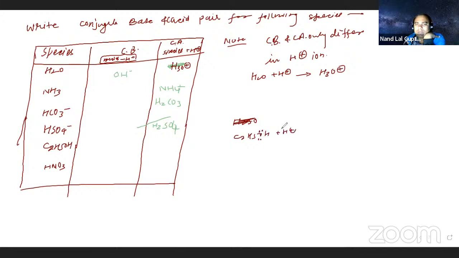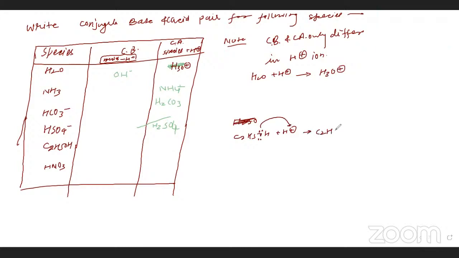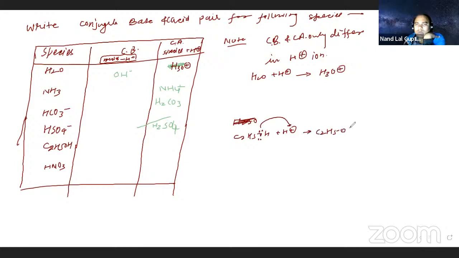You add the H plus, so it becomes C2H5OH2, with a positive charge. This comes in the 12th standard: protonation of alcohol, protonated alcohol.